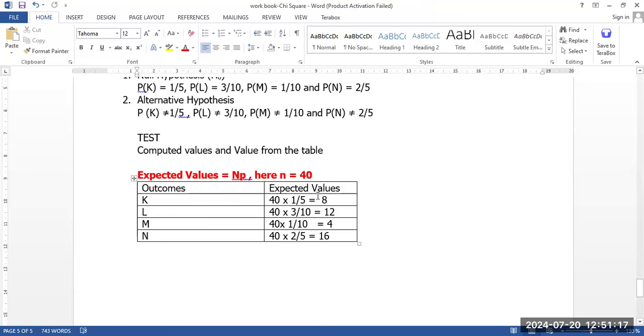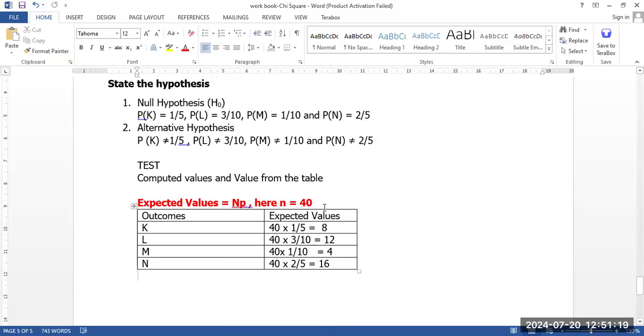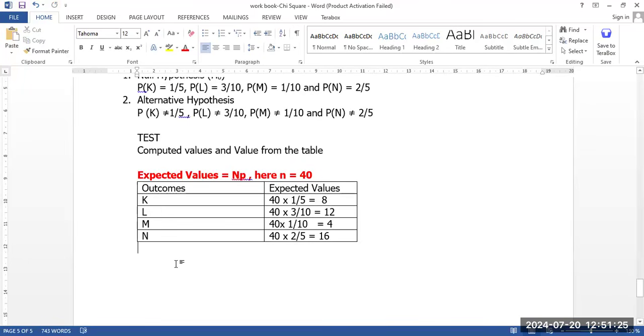So you have expected values, you have the observed values. So I think you can get the computed value. That is X squared.